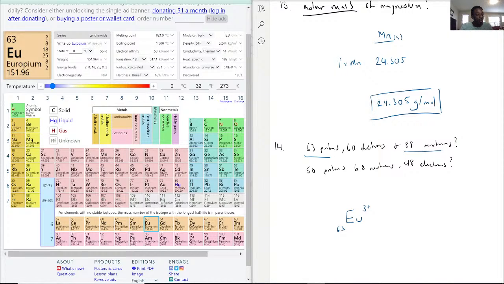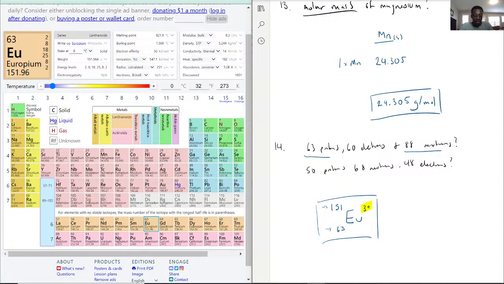So it'd be 63 plus 88, 151. This is what you get. Okay, you're saying that it is an ion, and you're saying what type of isotope it is. This would be your answer for the first one. And now let's see how we do it for the next one.